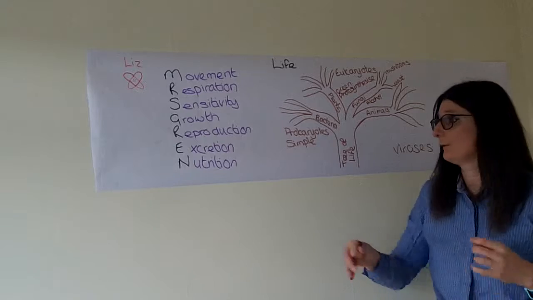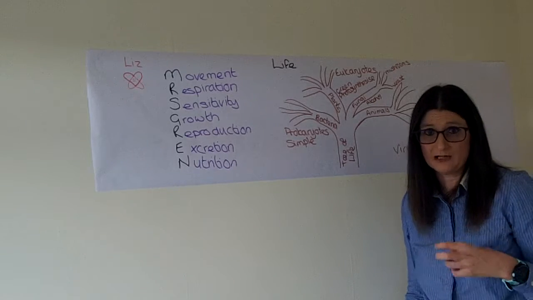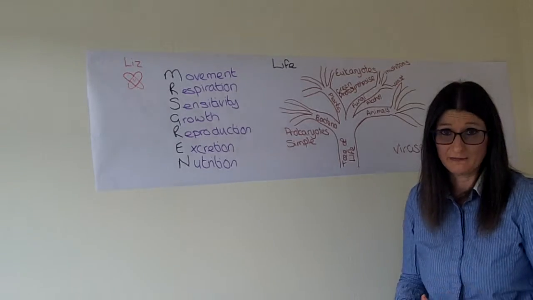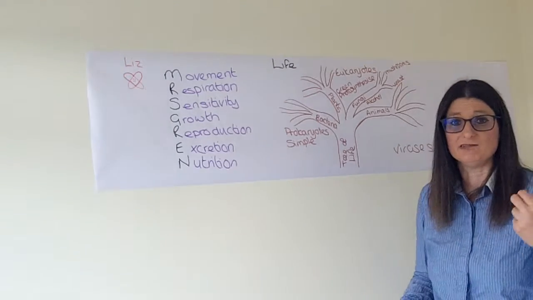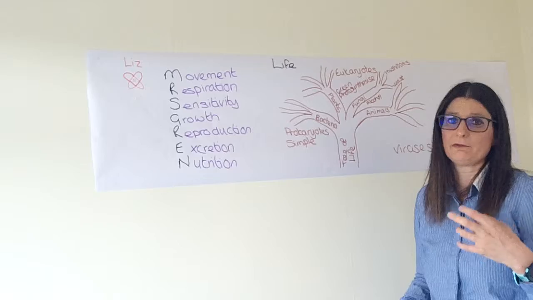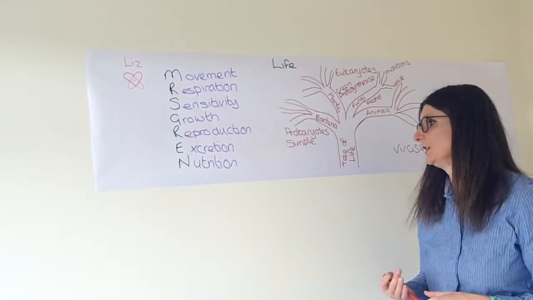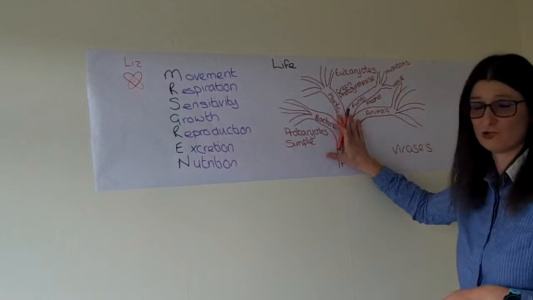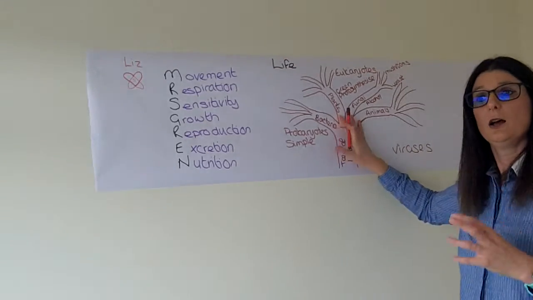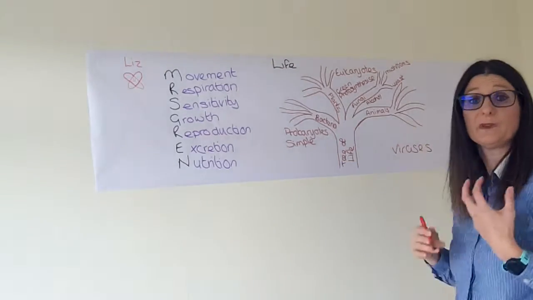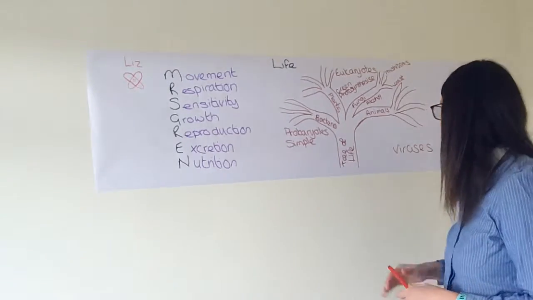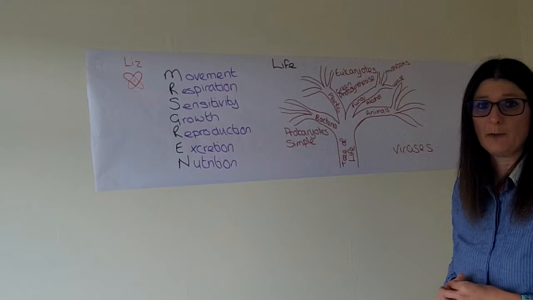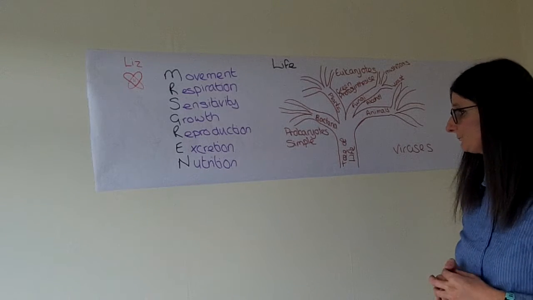Which is why, regarding nutrition, we refer to it as living, but why they can remain viable for a long time. So viruses are not part of this tree of life, but they are interesting in their own right, and we'll talk another time in more detail about viral biology.